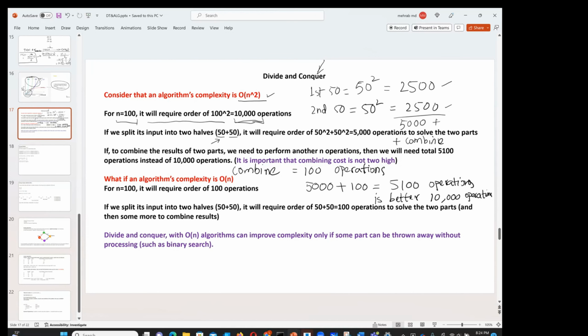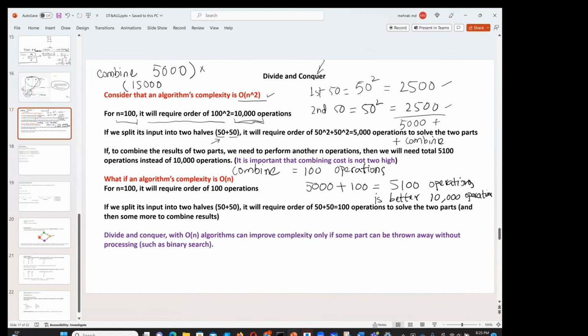But now tell me, when is divide and conquer helpful? It's helpful if the combine step is not very costly, right? Say the combine step itself needed 5,000 operations. Did I get any benefit? No, right? In that case, the total number of operations would have been 15,000.